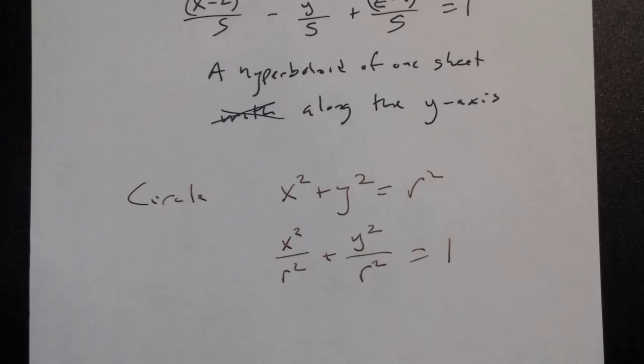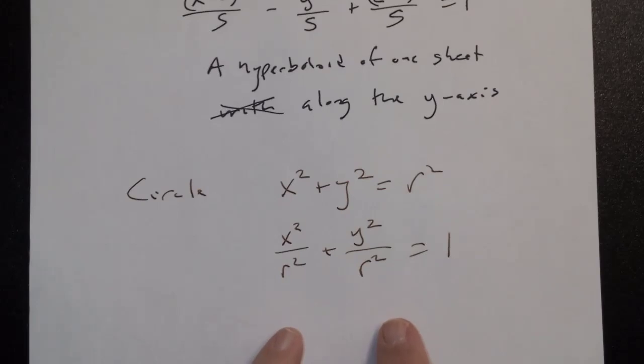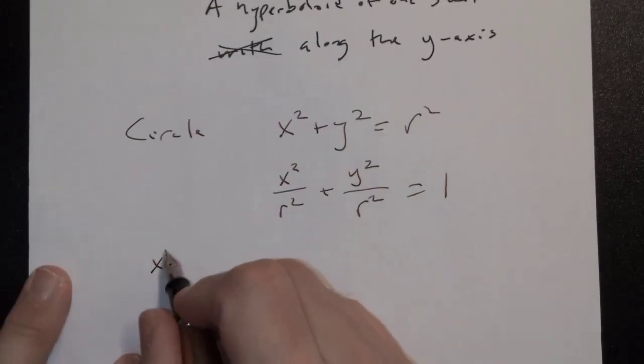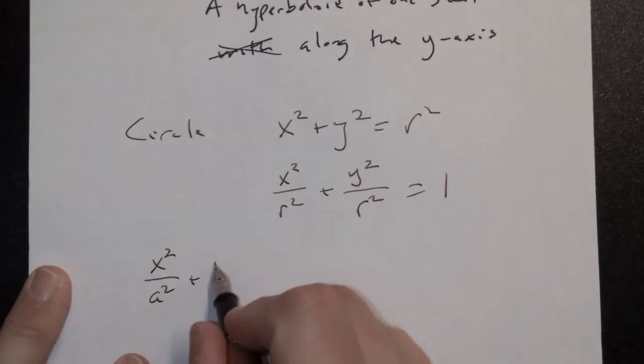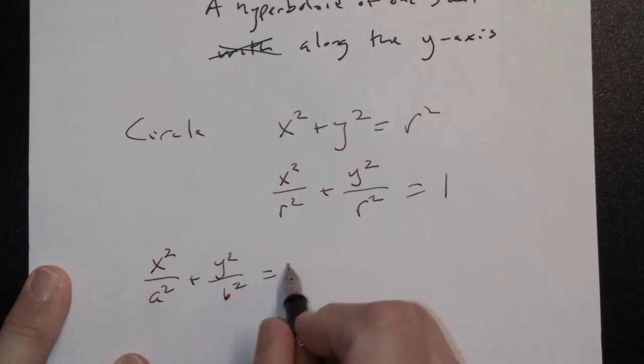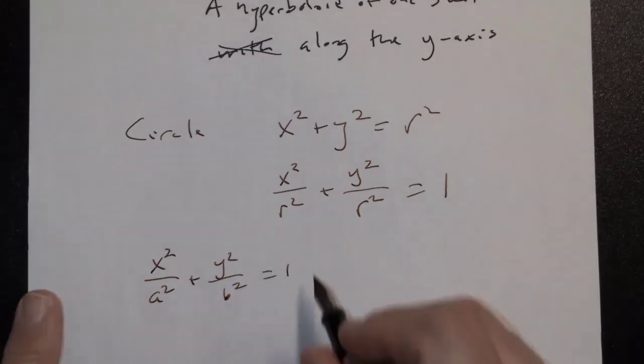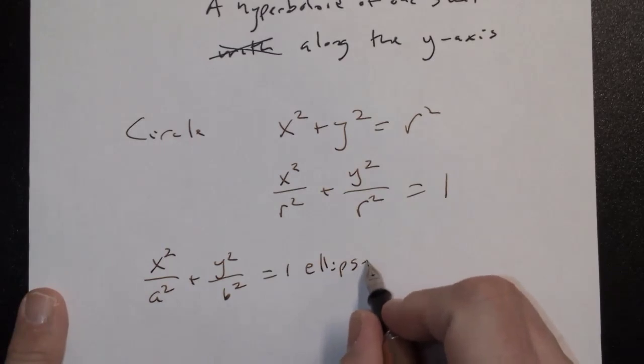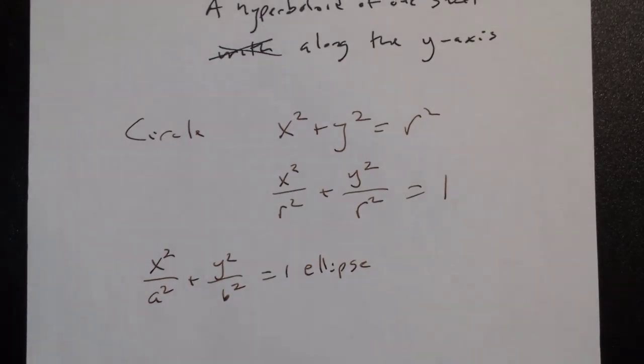If I change these two numbers and they're not the same anymore, then I get an ellipse. But that's really just a modified circle. So why do I write it equal to 1?